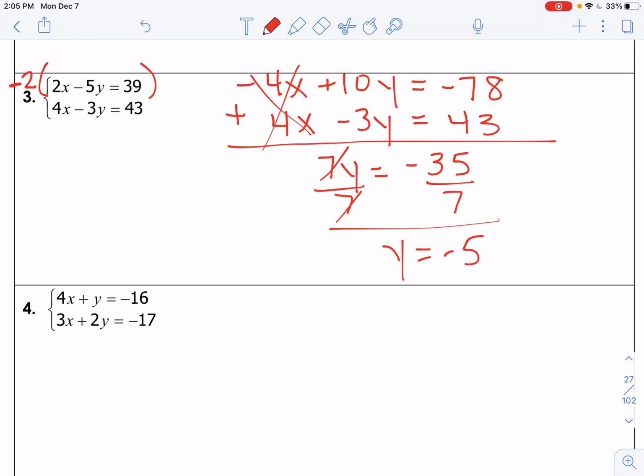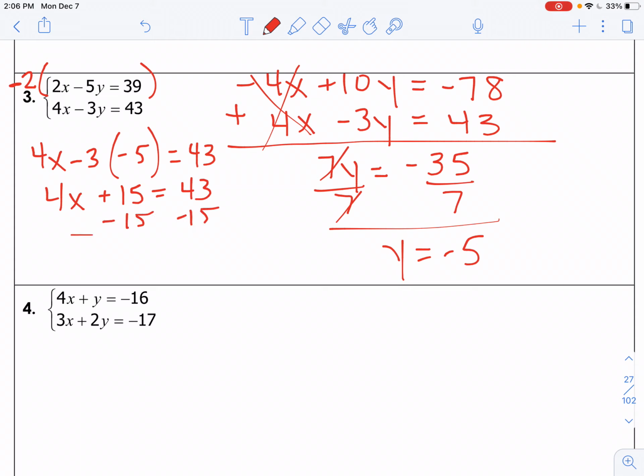Okay, now that I know y, I can plug it back into one of the two original equations. I'm just going to do the second one. Doesn't really matter. So 4x minus 3 times y, which is negative 5, equals 43. 4x, negative 3 times negative 5 is a positive 15. And we solve from there.